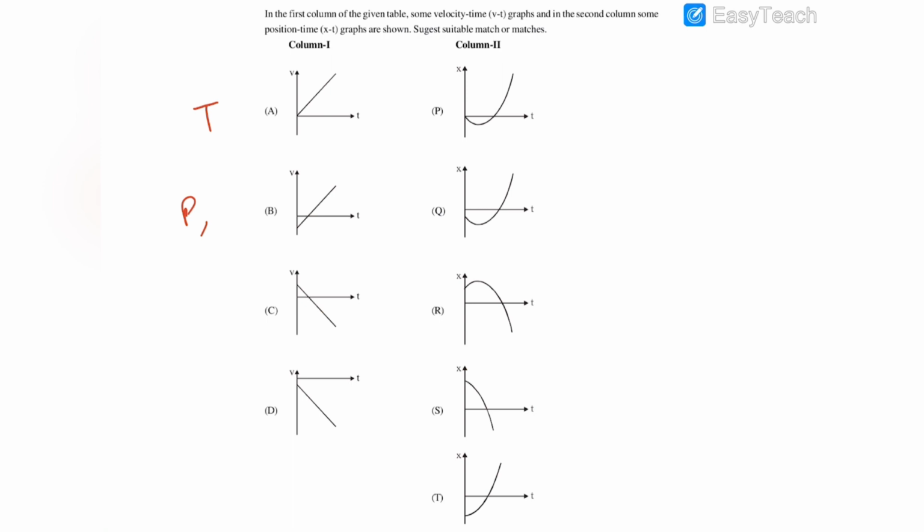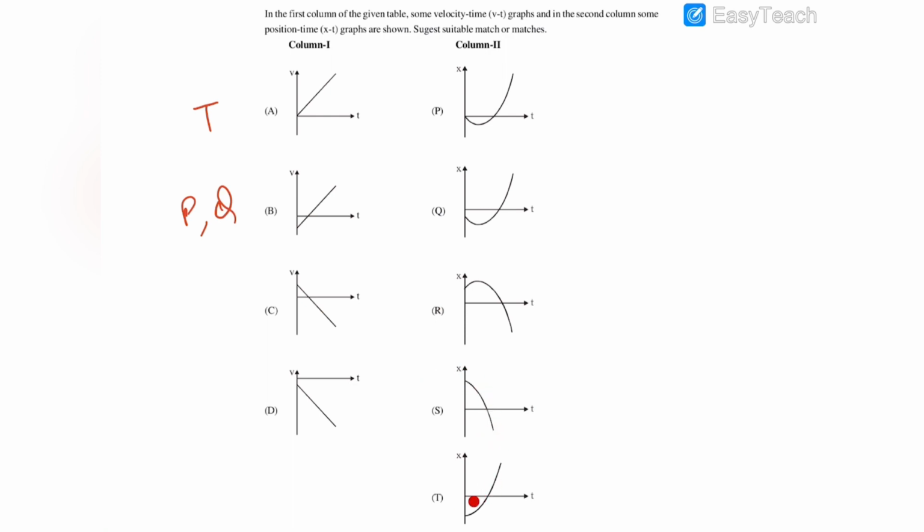So we cannot predict whether the initial displacement was 0, negative or positive. So Q can also be the case. R cannot be the answer because R is a parabola whose mouth is opening in the downward direction, and this is also not possible.